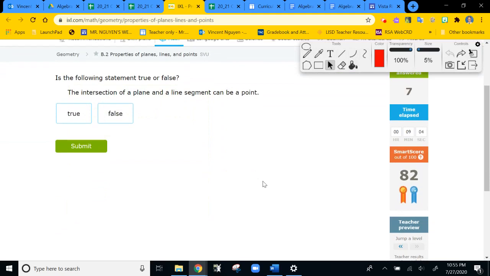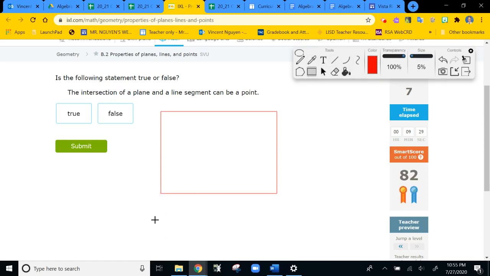The intersection of a plane and a line segment can be a point. I'm going to say this is actually a true statement, because if I have a plane, let's imagine this plane, and then a line segment goes through it, where they touch, where they intersect, would be a point. Let's imagine I draw this.